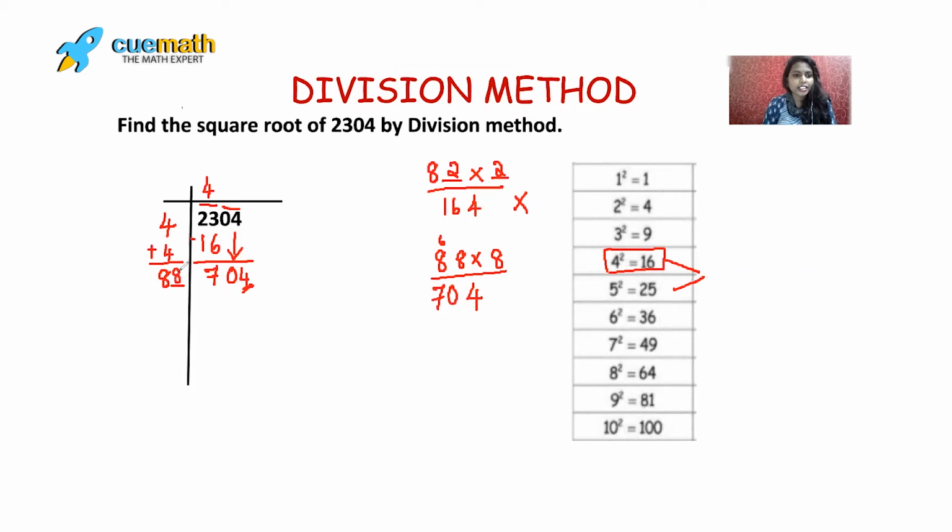So here I write 8 and 8 here, and that's it. Now subtracting, I get 0. Therefore, square root of 2304 will be equal to 48. Now let's solve another question.